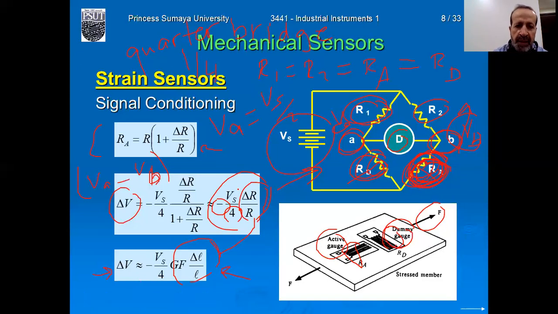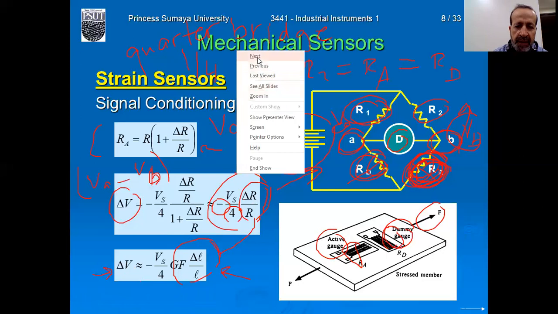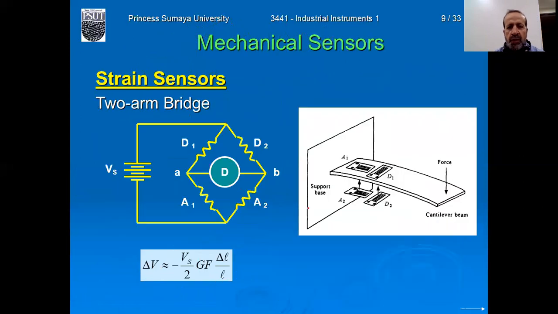We will now see another case, where we use two active strain gauges, one on the top of the beam. This is the cantilever beam, fixed on this wall, and here we have an applied force. Because of this force, the cantilever beam will bend, so the top strain gauge, which is an active one, will extend its length.